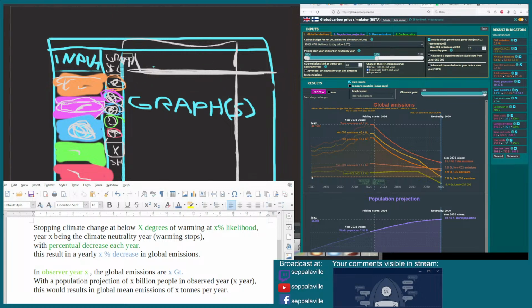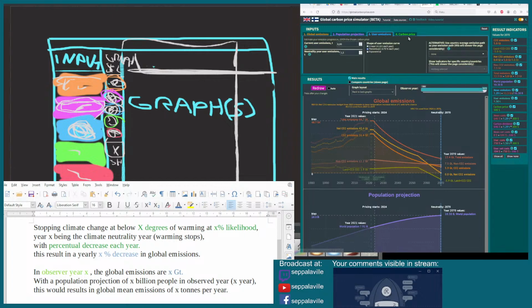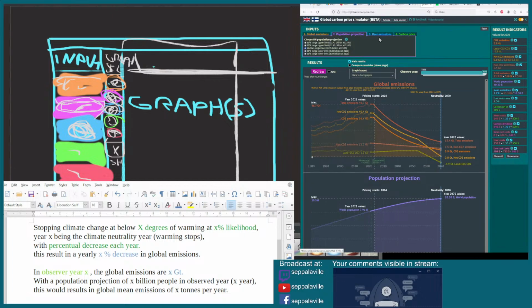And what about, what if I had, like I have now, the inputs on the top here, and then the results to the right? No, I don't think so.